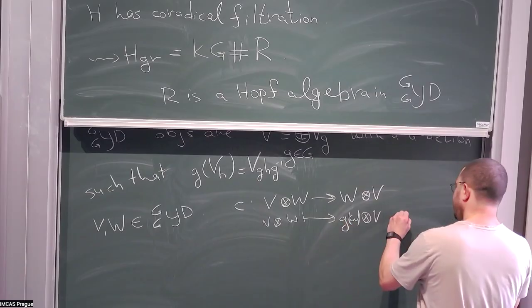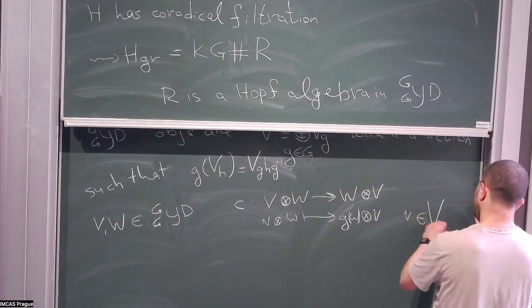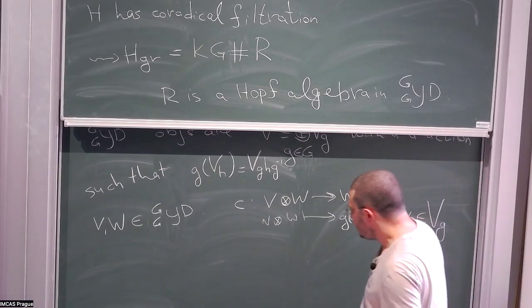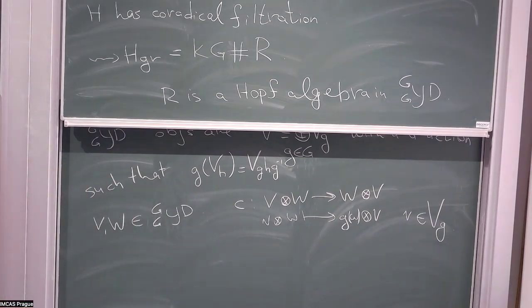Now, what is this g? g is just the degree of v, so this is for v inside V_g. And of course, once we know how to do it for the v's in V_g, we know how to do it for all the elements just by extending by linearity.